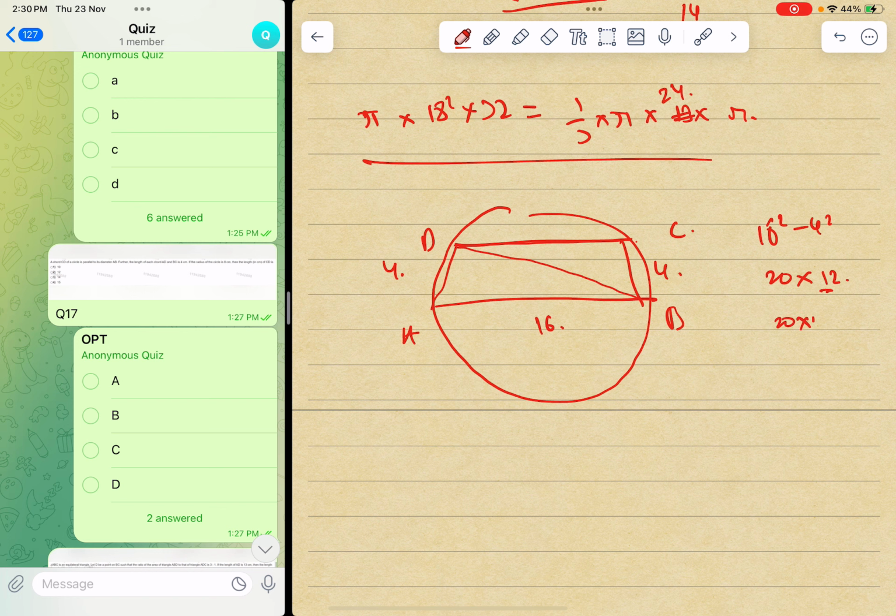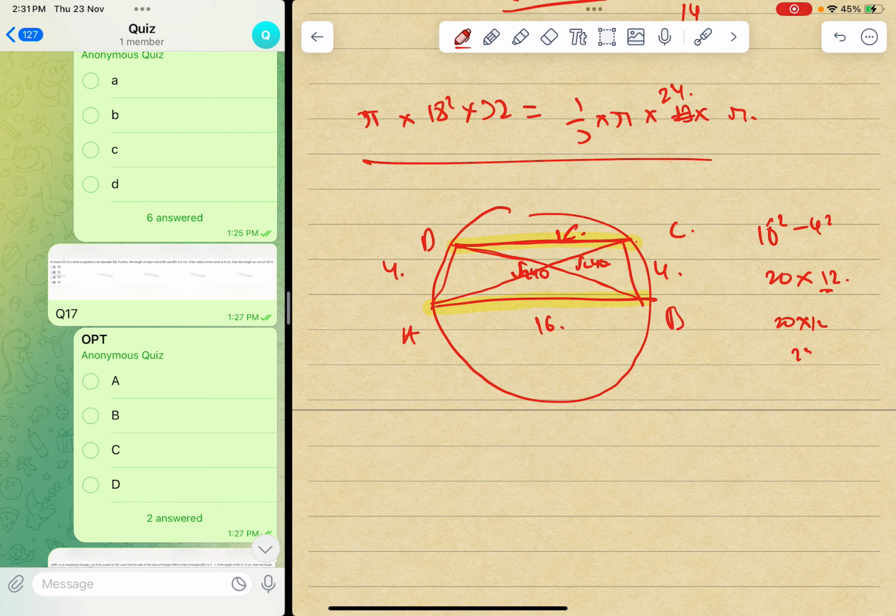Now Ptolemy's theorem is basically the product of AB into CD. So AB is 16 and CD, suppose x, equals the product of both the diagonals. Okay, so BD. Sorry. Oh no, the product of both the diagonals. Wait, the product of both the diagonals means root 240 into root 240, so this can directly be written as 240, equal to the sum of the products of both the opposite sides.